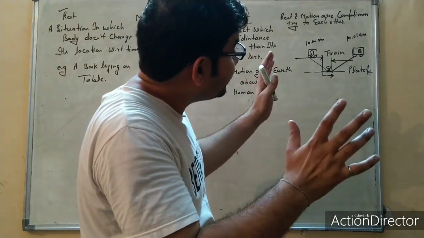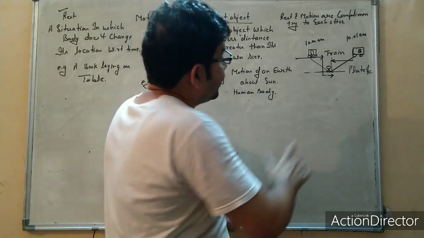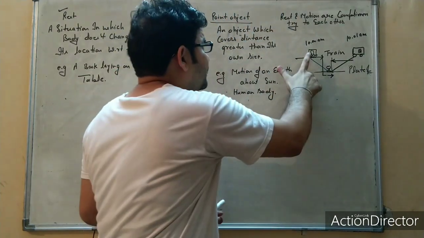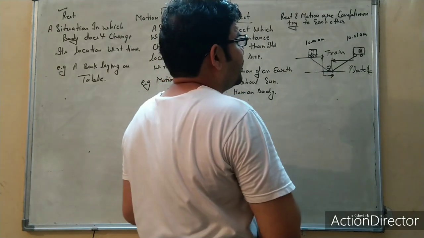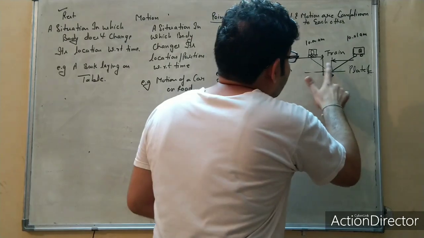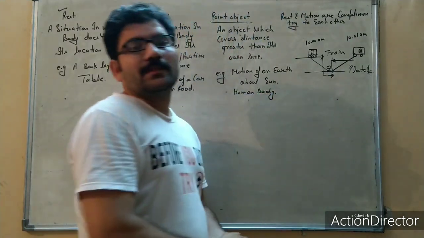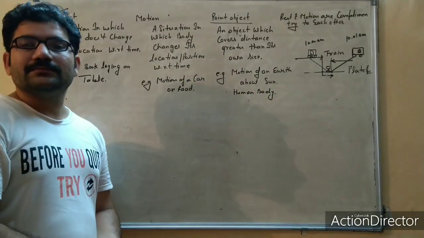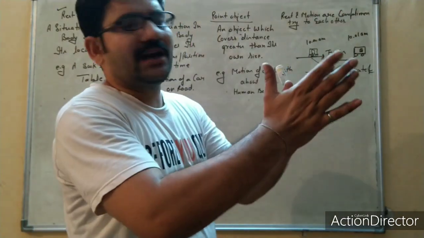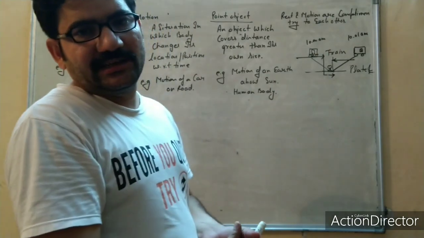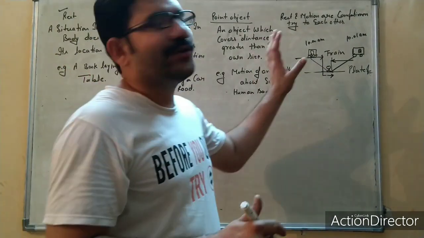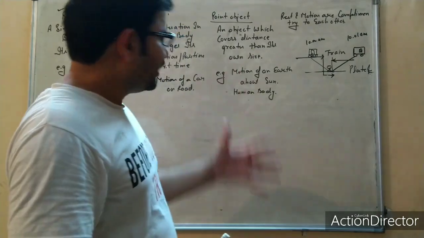Then this person sees the train in motion, but the person sitting inside the train sees that person in motion on the platform. So it means rest as well as motion take place simultaneously. This is a good example to understand how rest and motion take place.